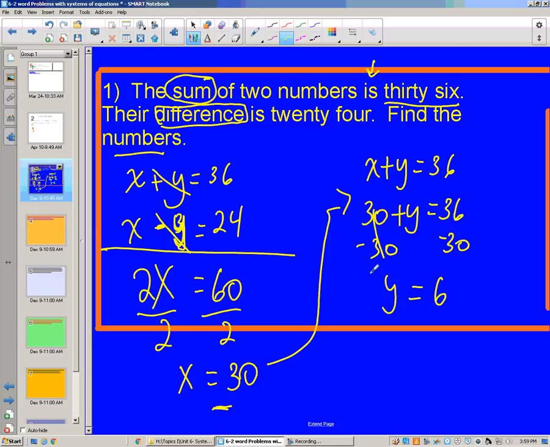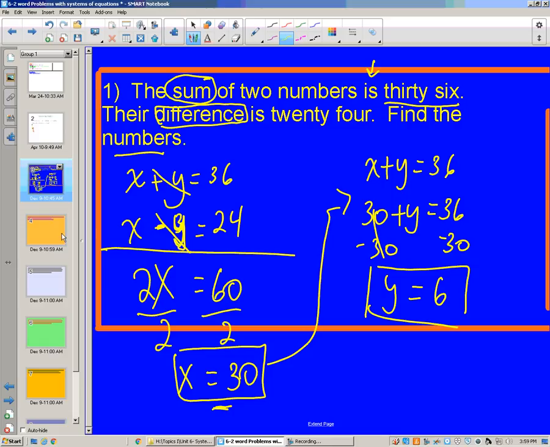And there are my two numbers: the two numbers are going to be 6 and 30. So when you see something like this, think of eliminate. It's called elimination because you're eliminating one of the variables to make your life a little easier.